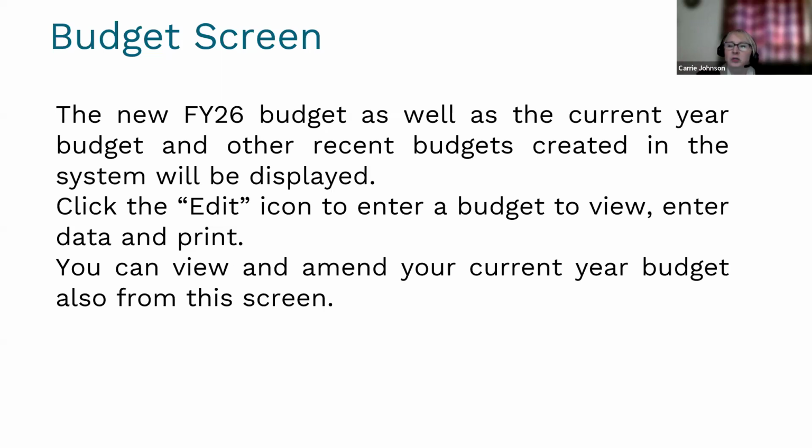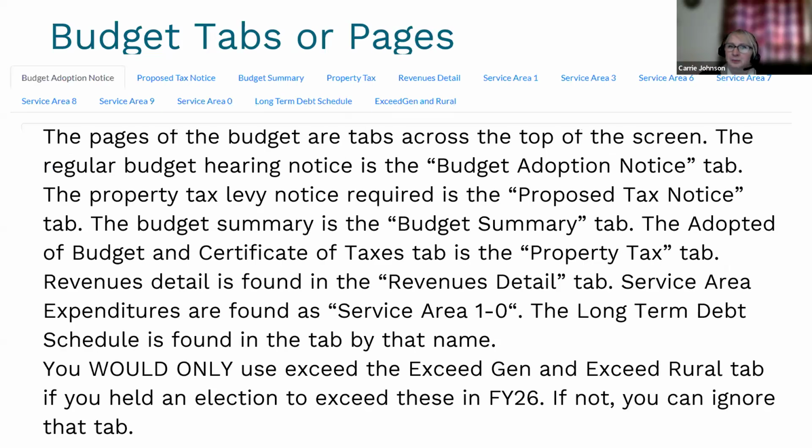And to get into the budget itself, you click edit. So you'll see at the top these tabs, and these are essentially different pages of the budget form. And so you're pretty much going to complete all of these. If you don't have any debt, then you wouldn't complete the long-term debt schedule. The exceed general and rule tab is only in those situations where you had an election to exceed your general basic or rule basic. Otherwise, you just ignore it.